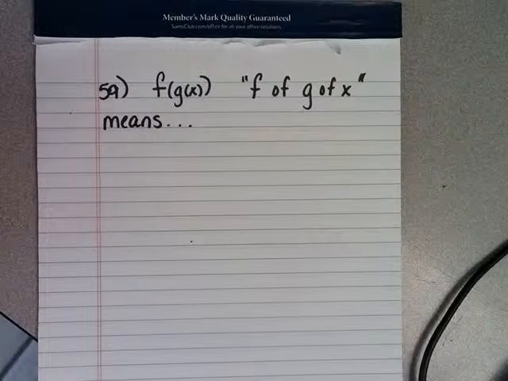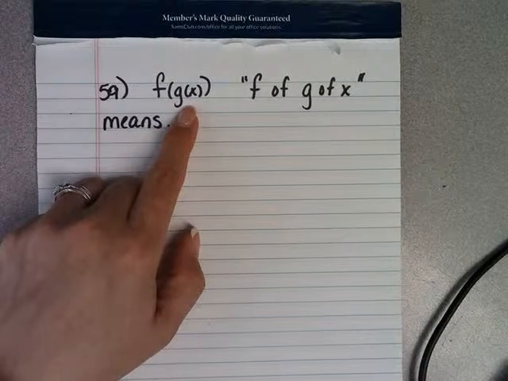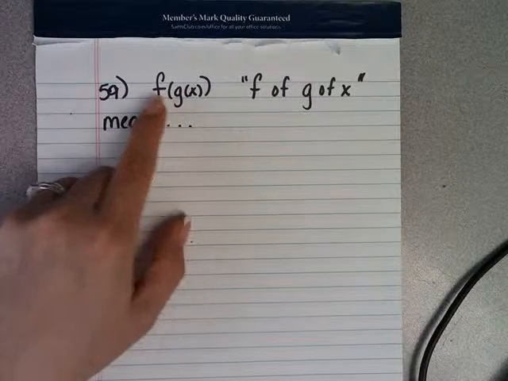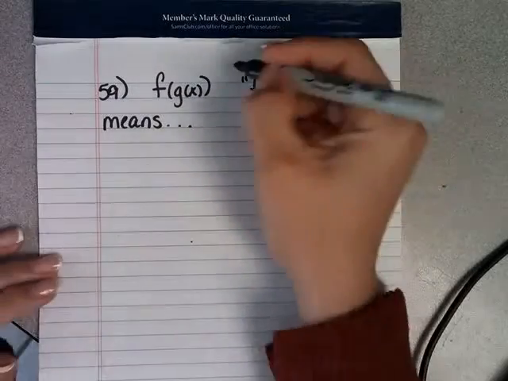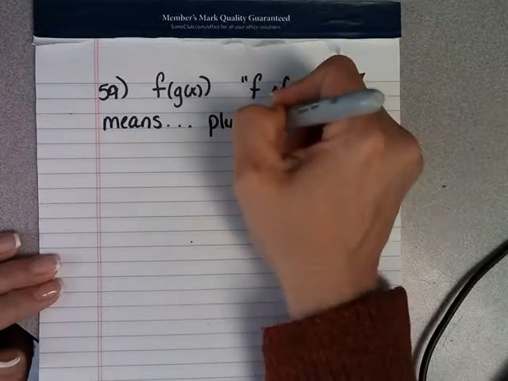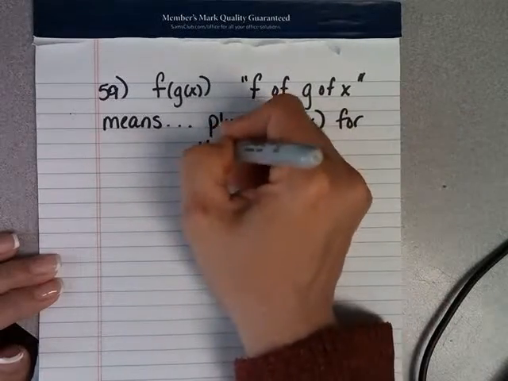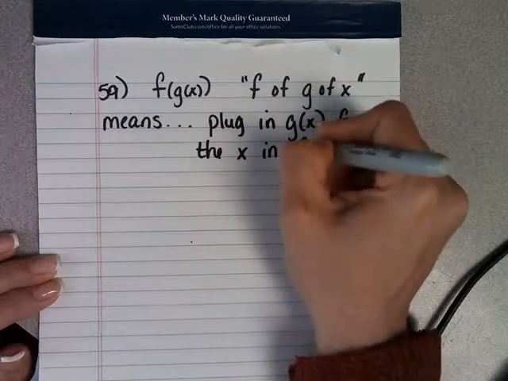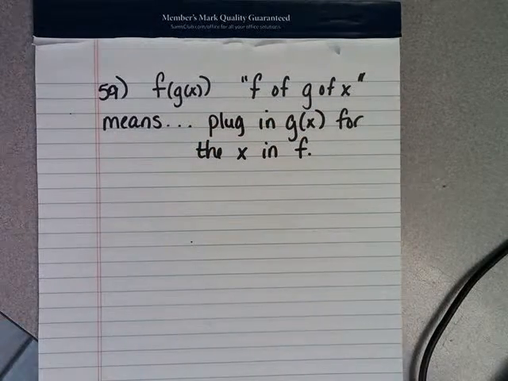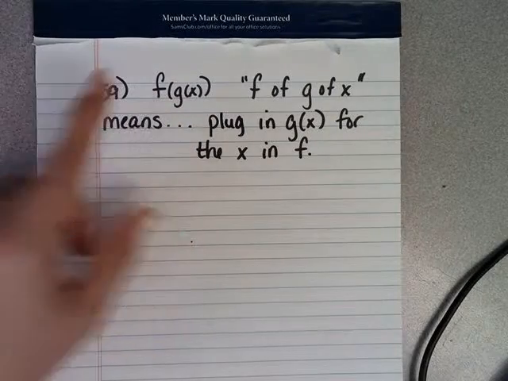G. So it's saying take the equation of G and plug it into F. That's what it means. Plug in G of X for the X in F. Y'all write that down because that's what that means. It means take G of X and plug it into F.